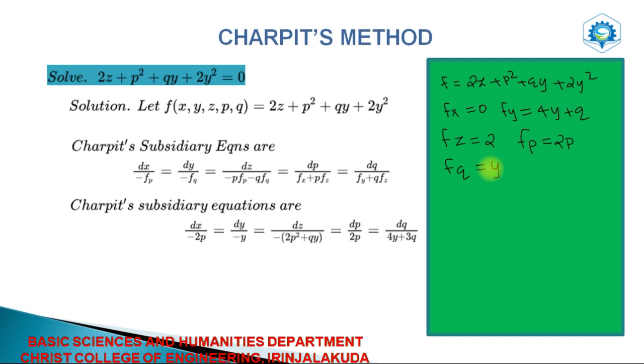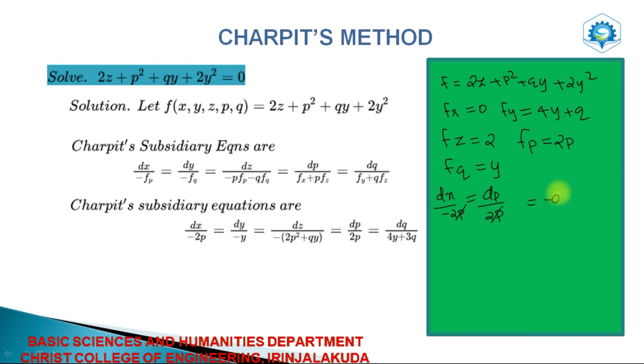Now the question is, from this substitute equation, can you find an equation involving p and q, or p or q? Choose the simplest pair of fractions which is easily integrable, and note that your solution must contain p or q. If we take the first and fourth fractions, dx by minus 2p equal to dp by 2p, we can cancel the denominator.